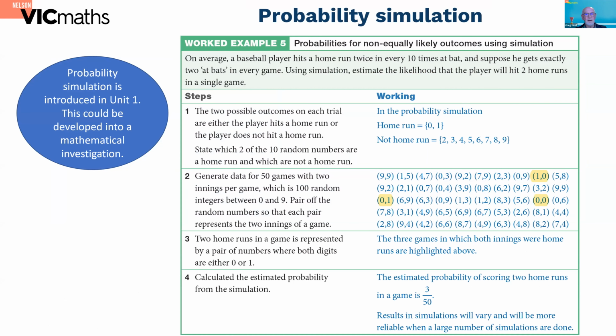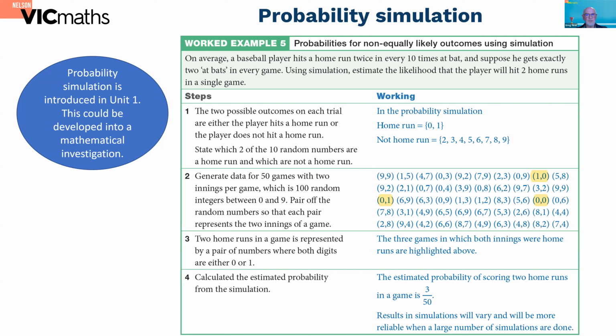Now I've included here one of the worked examples on probability simulation. So in this particular example, we have a baseball player who knows that he's capable of hitting a home run twice in every 10 bats. And in every game, he has 2 bats. So what we could do here is we could use a random number generator to simulate that likelihood.